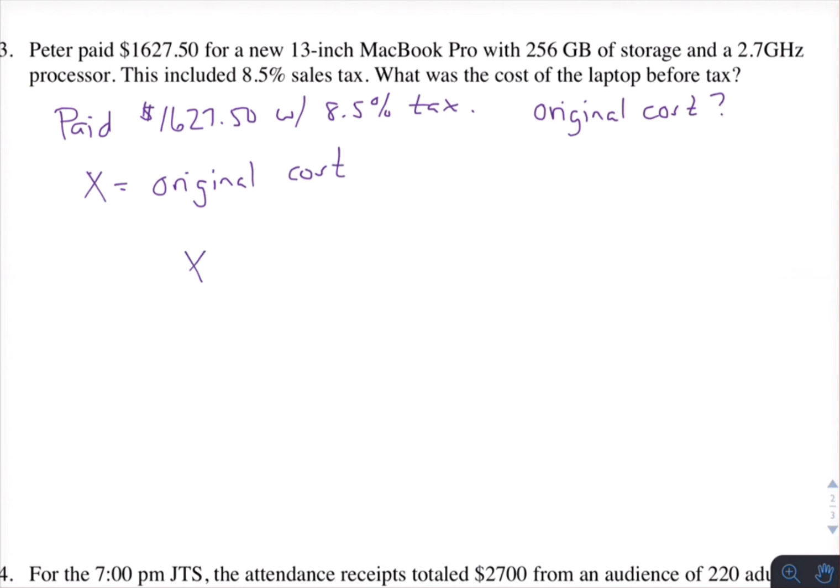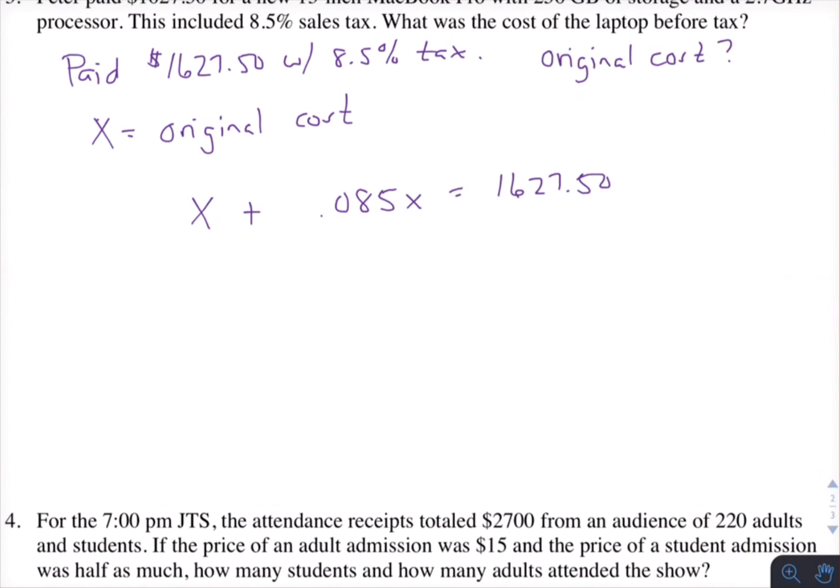And so the original cost plus 0.085 times the original cost is $1627.50. Multiplied by 1,000. That's not a good 85 there. Here we go. Throw some commas in there.